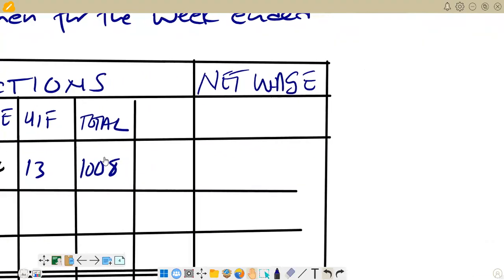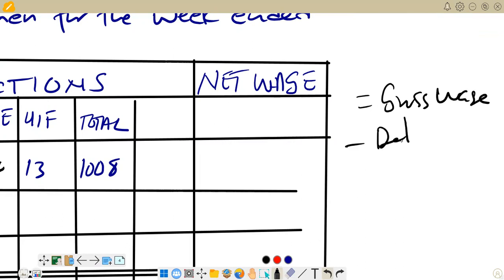So to find our net wage, net wage is equal to gross wage minus deductions. Gross wage minus deductions is the formula that we use to find our net wage.